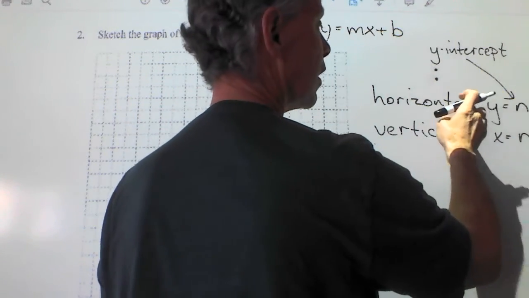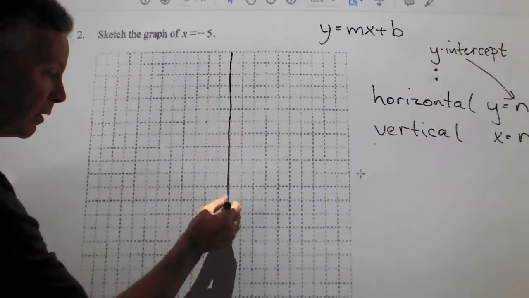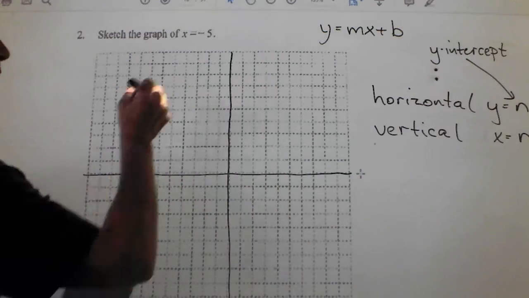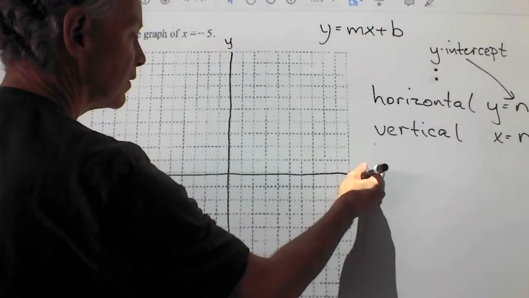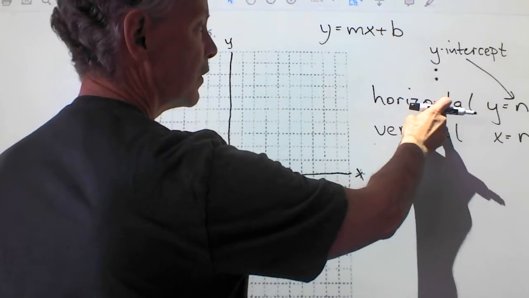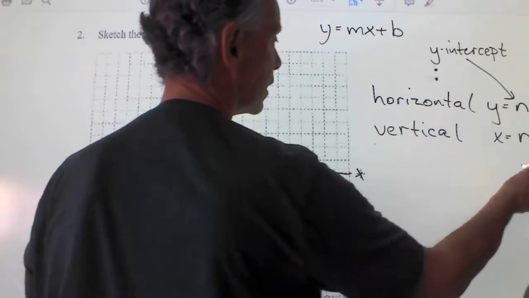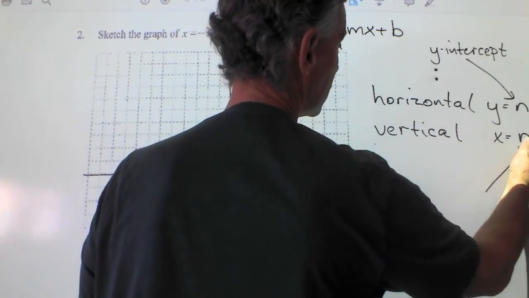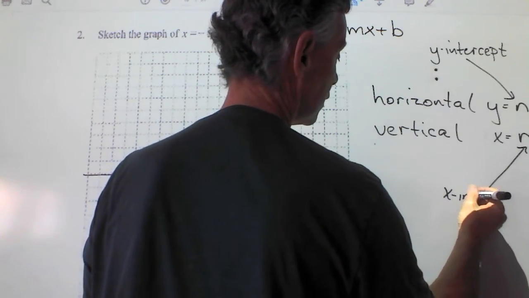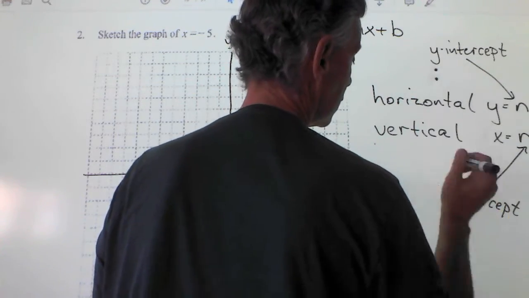So the point where our horizontal line crosses the y-axis, and I'll just give us some axes, y-axis, x-axis. Okay? So in a horizontal line, this value of n is the y-intercept. In a vertical line, this value of n is the x-intercept.